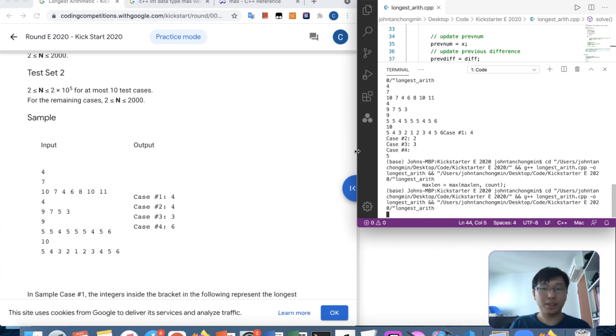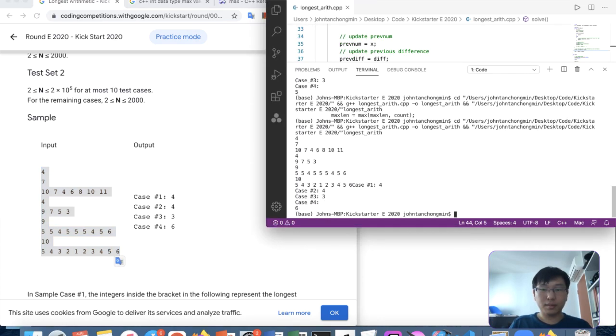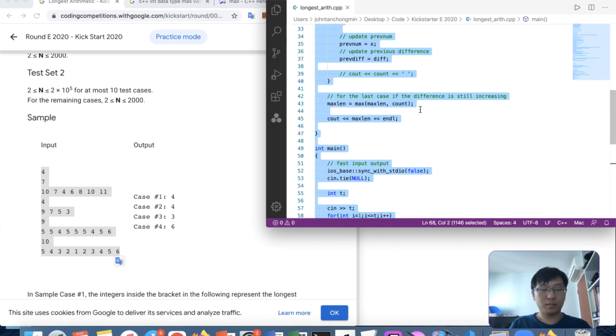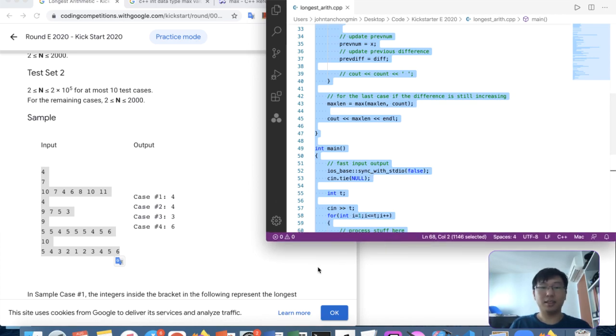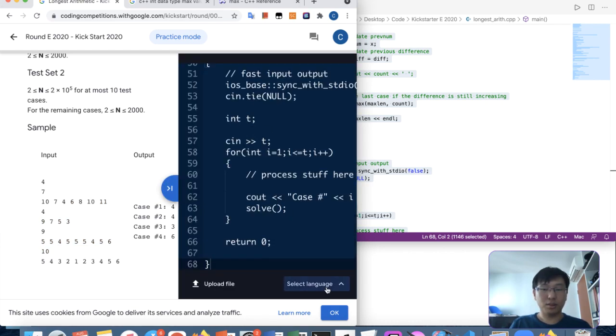You just make sure that you can see it, and if not, it kind of defeats the point. So let's copy and paste this. 4436. Awesome. I'll just do it like this. Okay. Submit this code in C++.